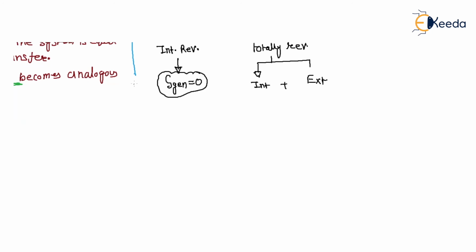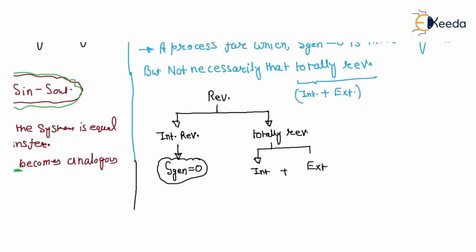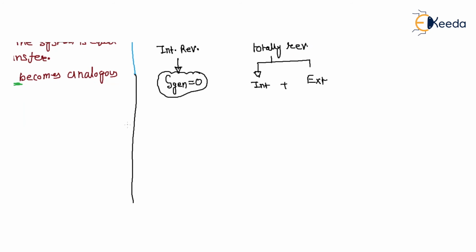So what I am saying is, how do we find the total entropy generation during the process? What is the total entropy generation?